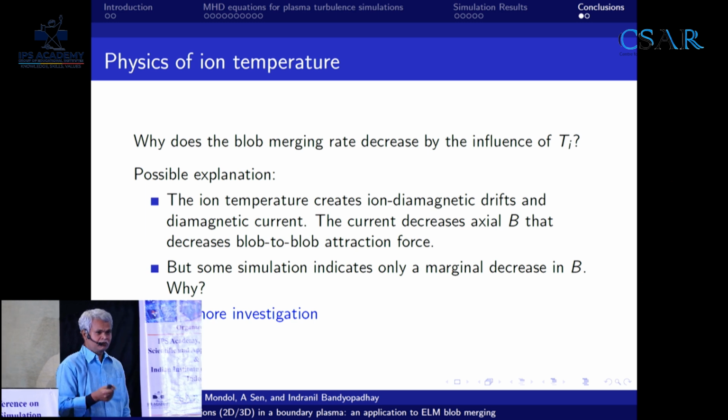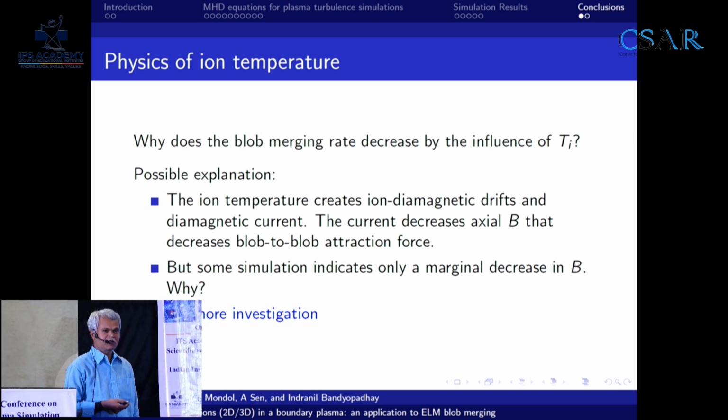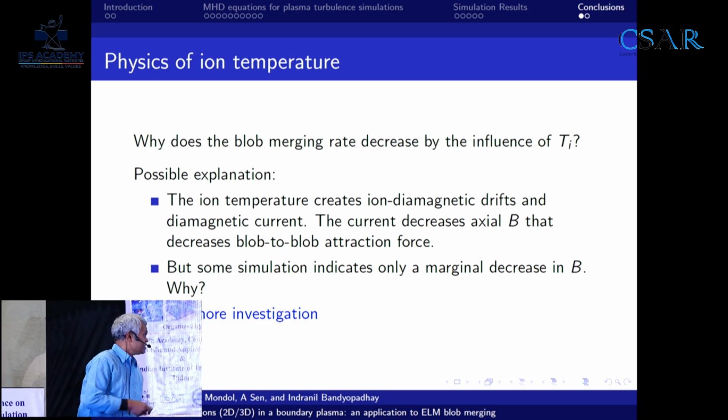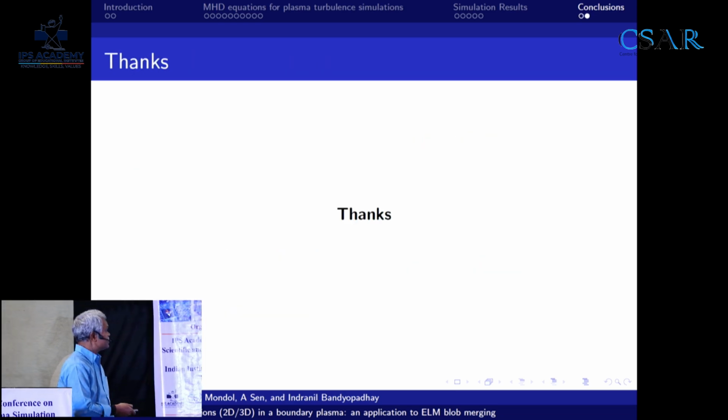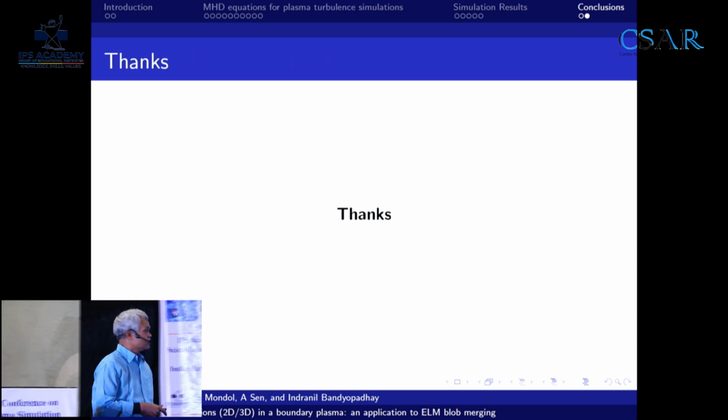The magnetic field comes a little less, but not so substantial. That means there is some hidden physics inside it that we are looking at in the next work. So this work is going on. This is my talk, and finally I am concluding. Thanks.